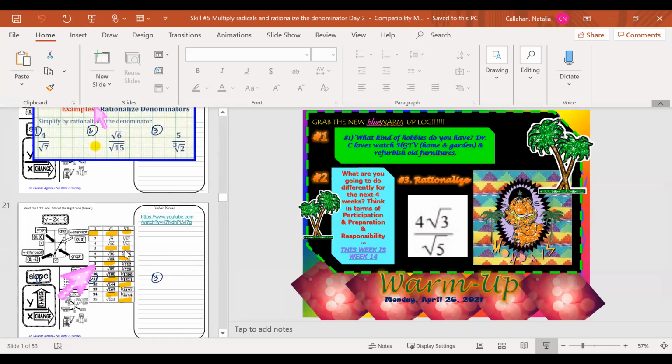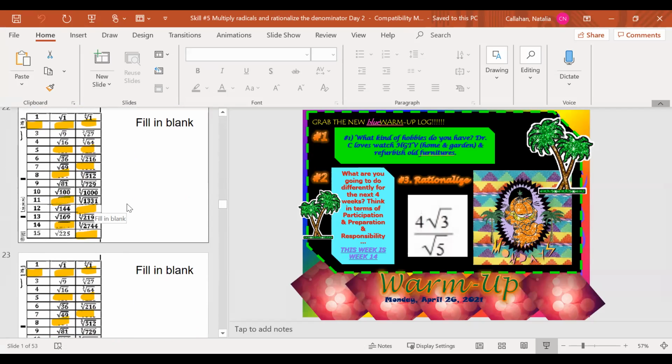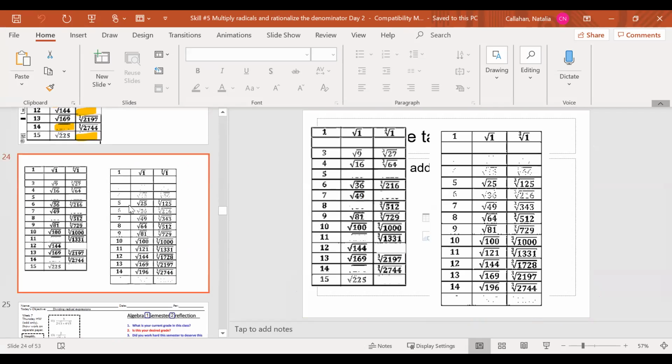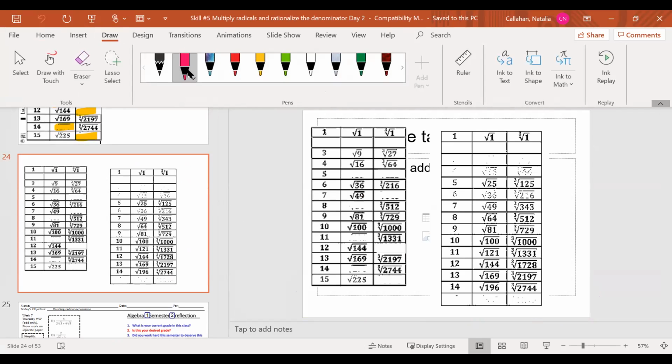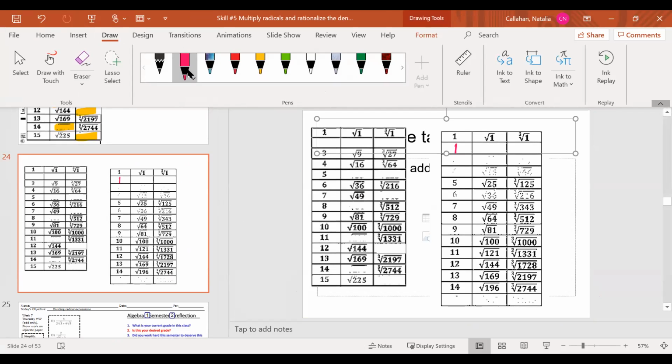So if you're not quite ready yet, keep it paused. All right, so looking at this part right here, we're just going to fill in the blank. So you have 1, square root of 1 is 1, cube root of 1 is 1. Then you have 2.